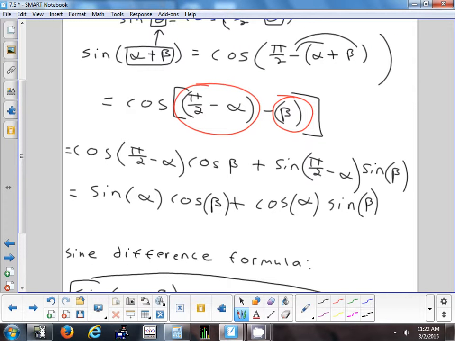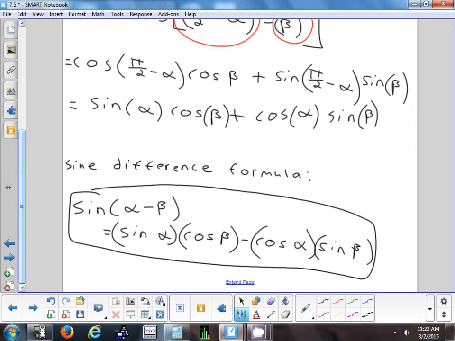Okay, and the sine difference is pretty much the same thing, except change plus to a minus. So sine of the difference, sine of the first, cosine of the second, minus cosine of the first, sine of the second. It's kind of tricky to remember. Those are the four most important identities we're going to do today. The sines, cosines, sums, and differences.